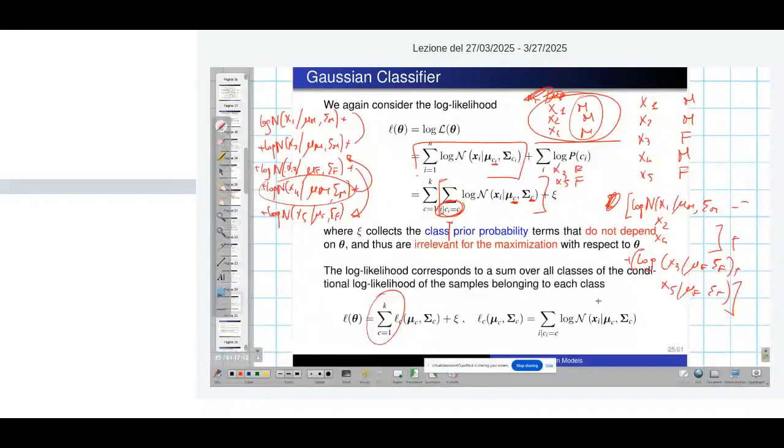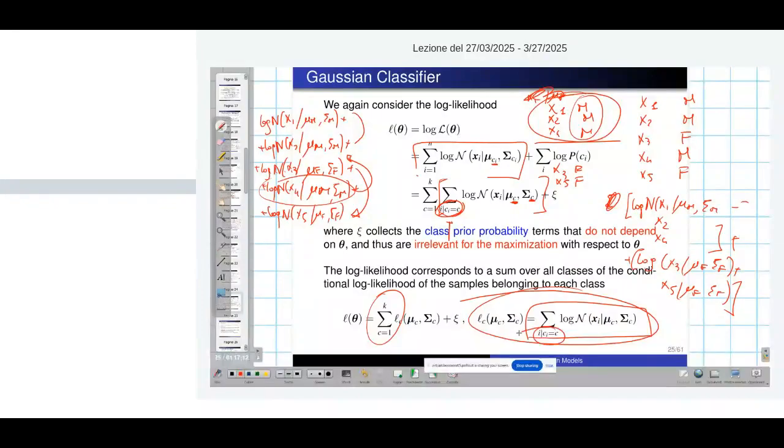I have a sum of the samples of that class of the logarithm of the Gaussian density computed with the parameters of that class. But this is what? This is exactly the log likelihood of a Gaussian model for the samples of that class.